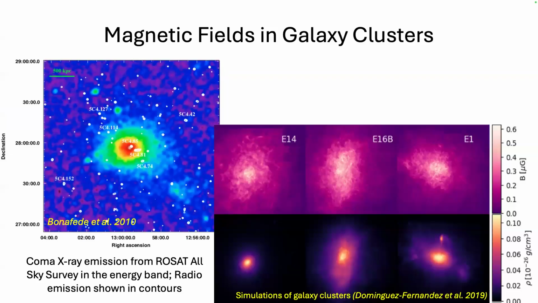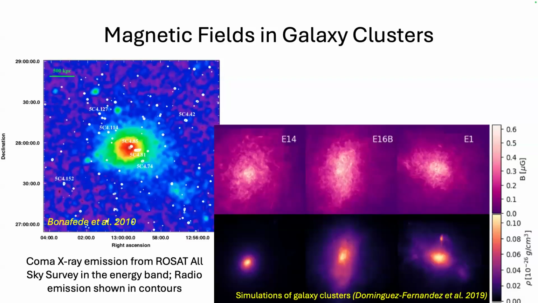Okay, and we also have observations of magnetic fields. So this here is from a radio study of the Coma cluster. And we also have a lot of studies on cosmological simulations of galaxy clusters, their evolution, and so on. So this here is a plot from one such study.